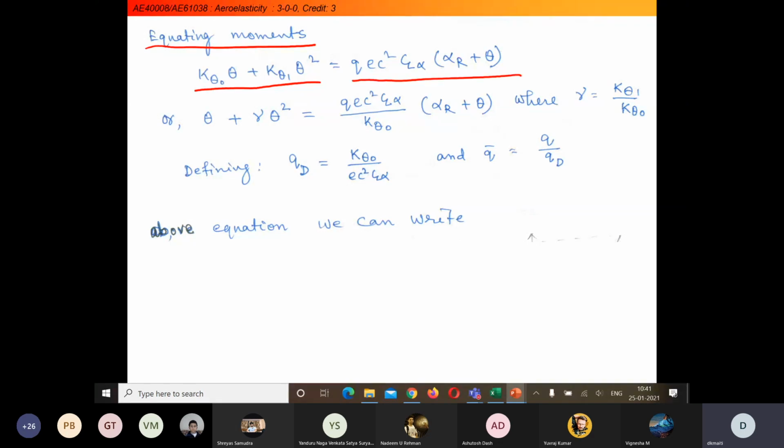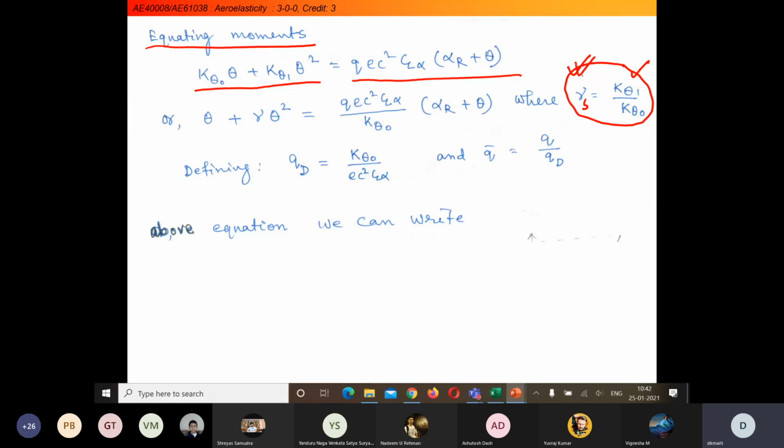Now I am again considering here the nonlinearity, the non-dimensional terms. Gamma is equal to, here I can say gamma or gamma s to differentiate, as I am not considering in this case the aerodynamic nonlinearity. That's why I have taken it gamma only. But if I take both nonlinearities, structural nonlinearity and aerodynamic nonlinearity, then this non-dimensional parameter I can take as gamma A and gamma S. Gamma S is the structural nonlinearity, gamma A is the aerodynamic nonlinearity.